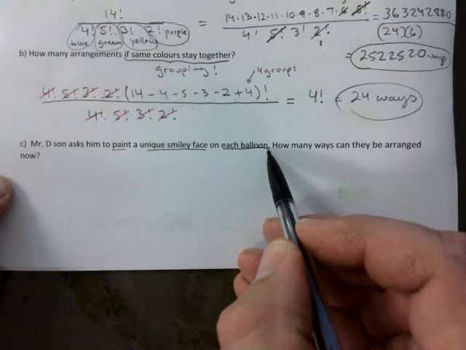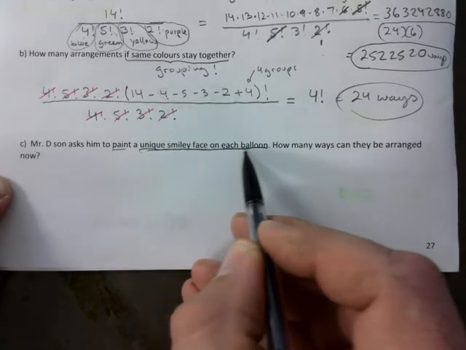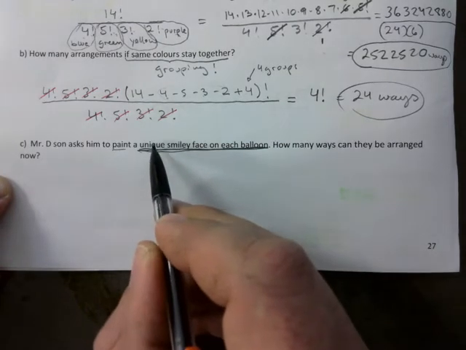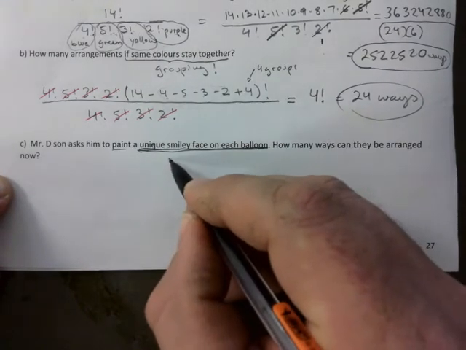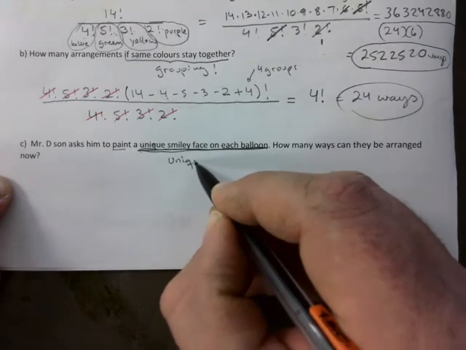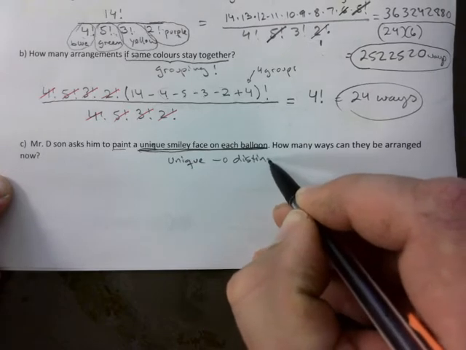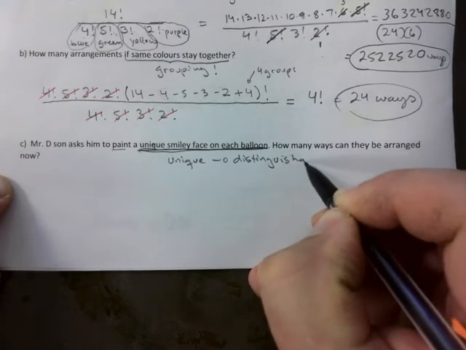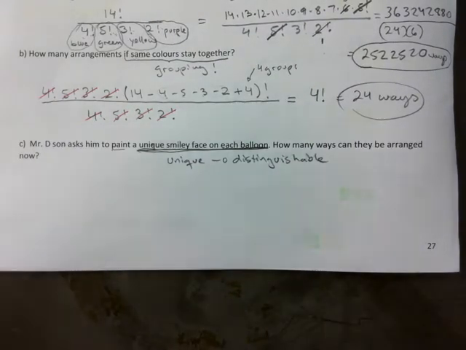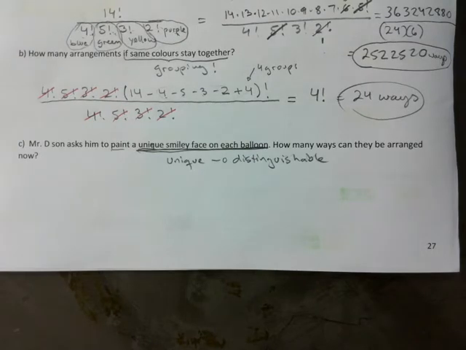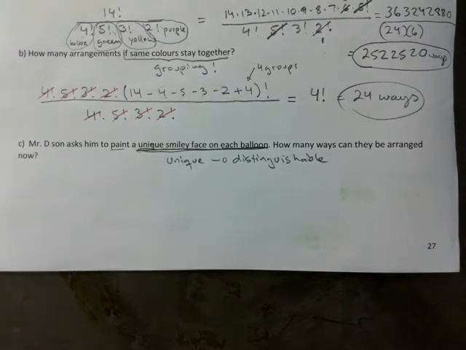Mr. D's son asked him to paint a unique smiley face on each balloon. How many ways can be arranged now? What does this do? That word kind of gives it away, right? The unique. Unique, which means distinguishable. Okay, we're now talking 14 distinguishable, unique balloons. It doesn't matter what the color is.